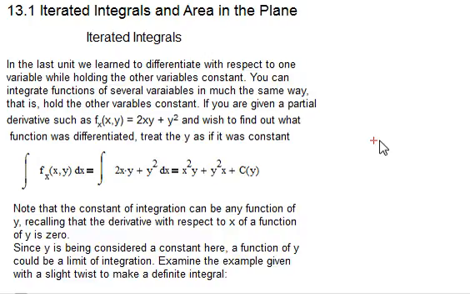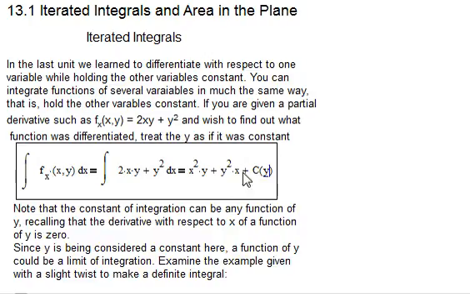Now here's something that you might find interesting. Then plus some constant, which is the constant of integration, but keeping in mind, since we're integrating with respect to x, if we differentiated, that could be any function of y.